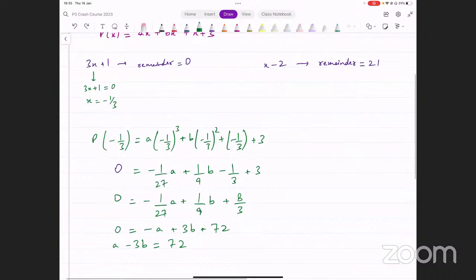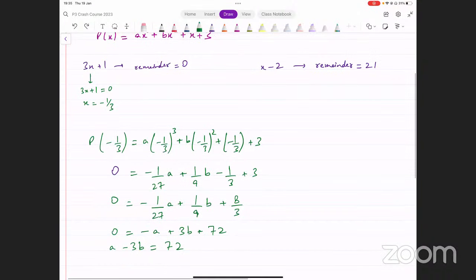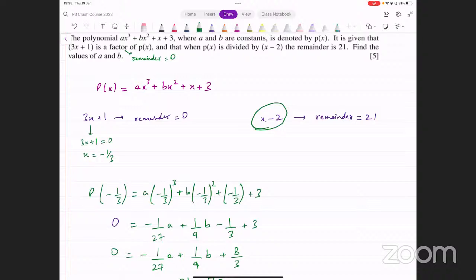Let's look at the other divisor that we're given. We're also told that when this polynomial is divided by x minus 2, the remainder turns out to be 21. So now from this, you can just input 2 in place of x, because x minus 2 equals 0 gives you x equals 2.